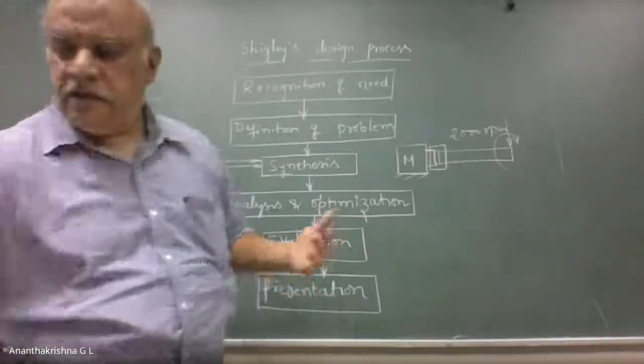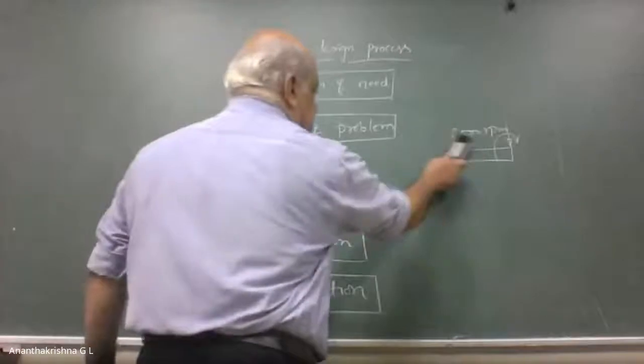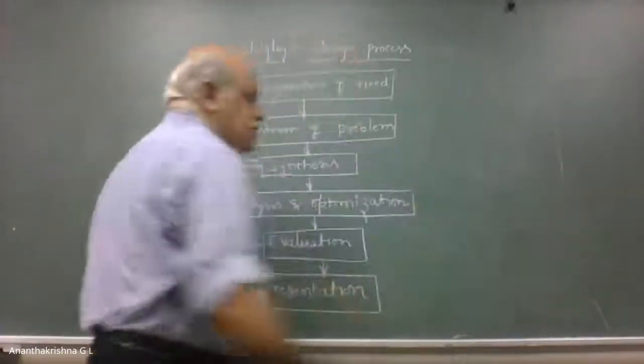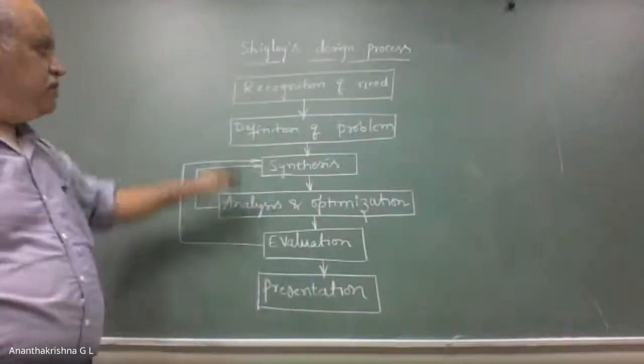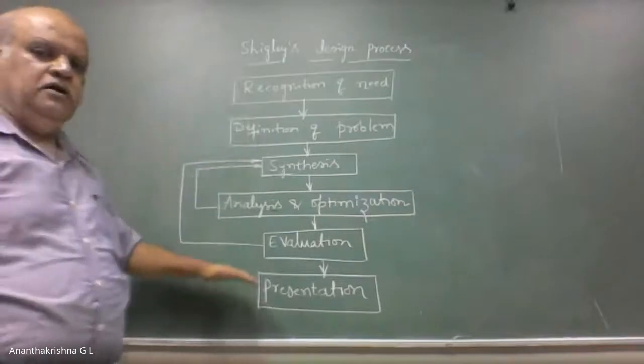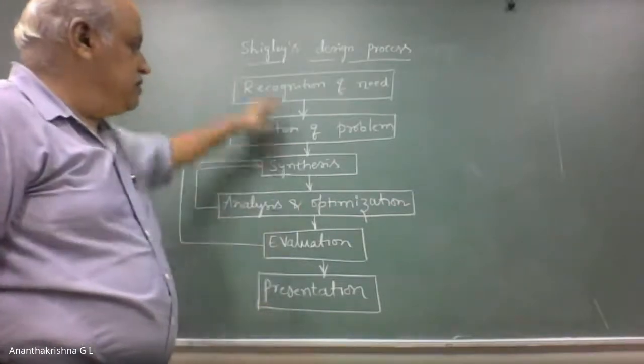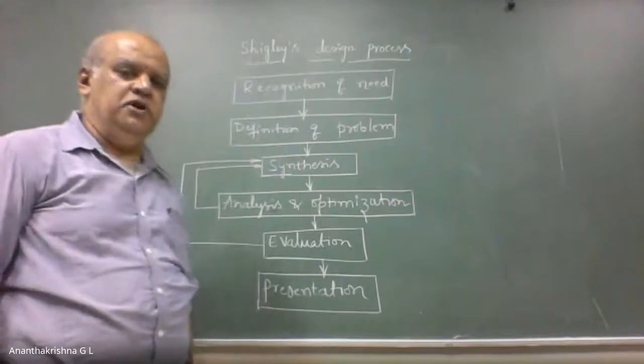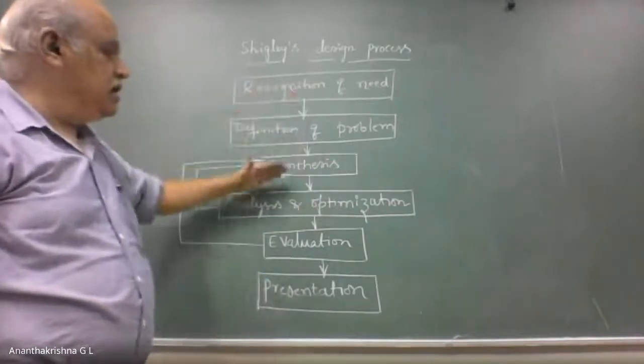Is it okay? This is essentially the Shigley's design process. So all of you please note down these steps. Many times this is asked in the examination, so please note down clearly.